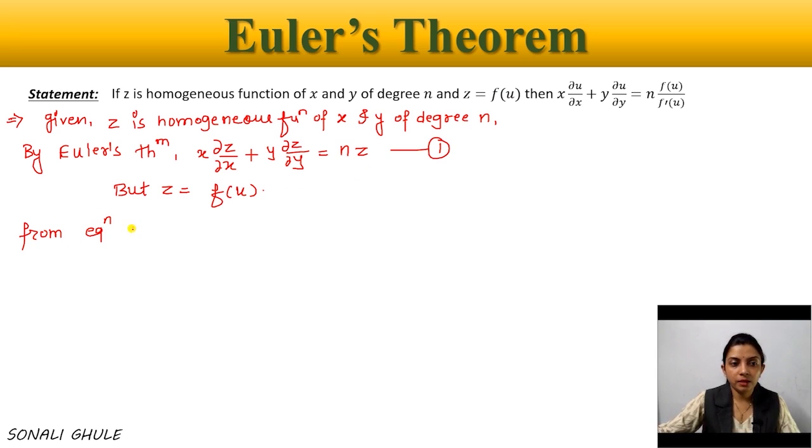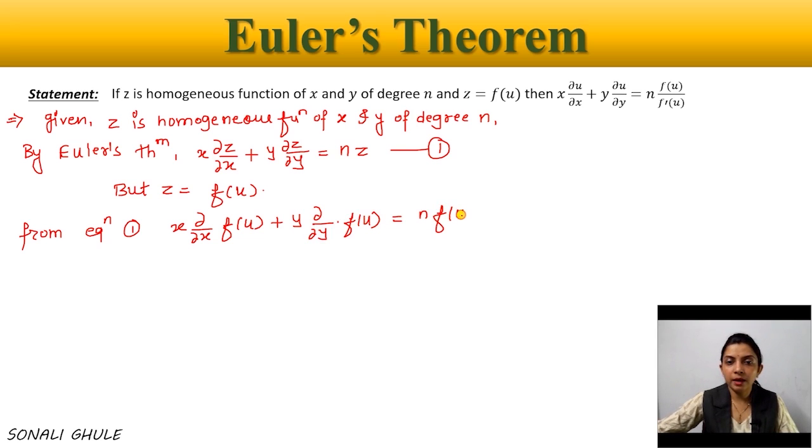From equation 1, I can write x into dou by dou x of f of u plus y into dou by dou y of f of u, that is equal to n into f of u. I have just replaced the value for z, that is f of u. Now see here, dou by dou x of f of u means I have to differentiate this f with respect to x.